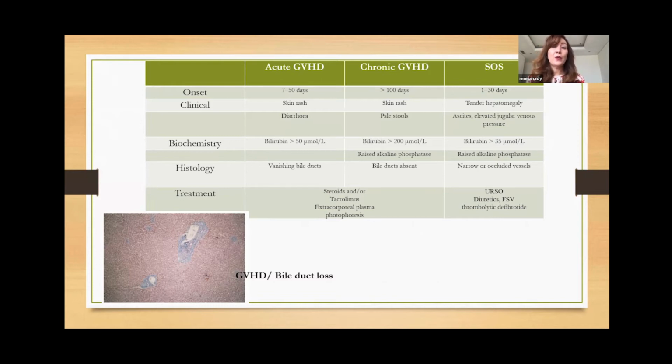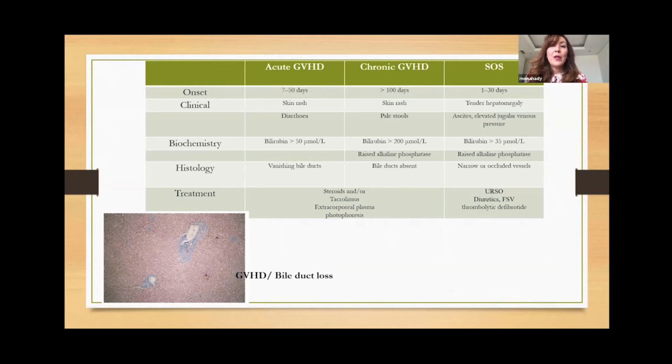They are quite sick and immune suppressed children. With GVHD, you will always find other clinical criteria, mainly skin rashes and diarrhea because of involvement of other organs. In SOS, it is a picture similar to Budd-Chiari, where we have a large tender liver, ascites, elevated jugular venous pressure.